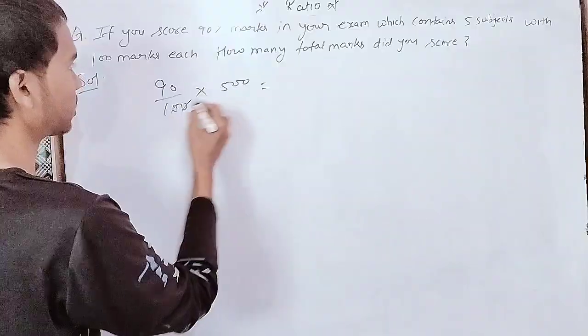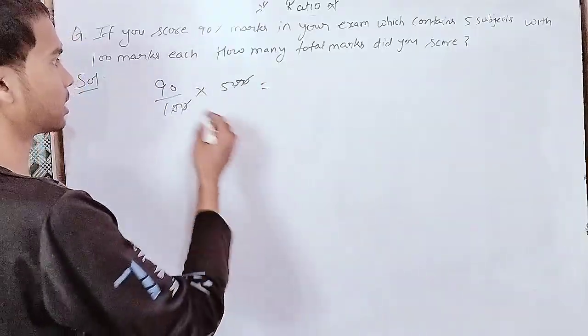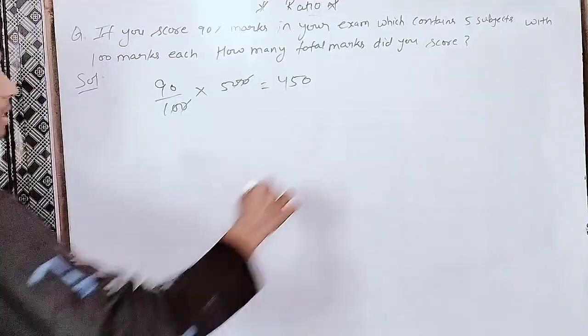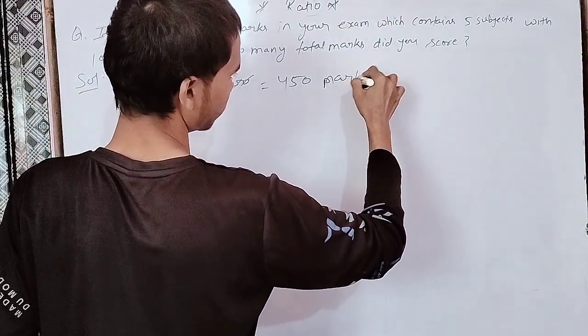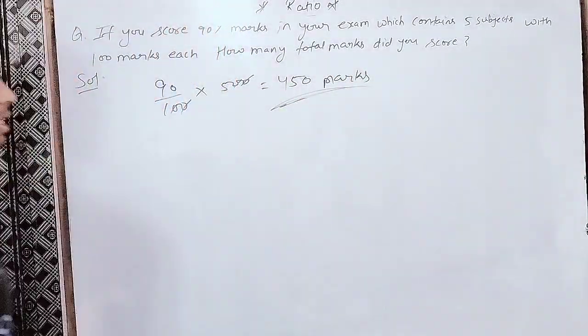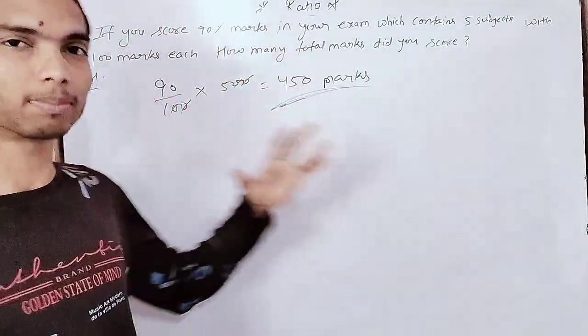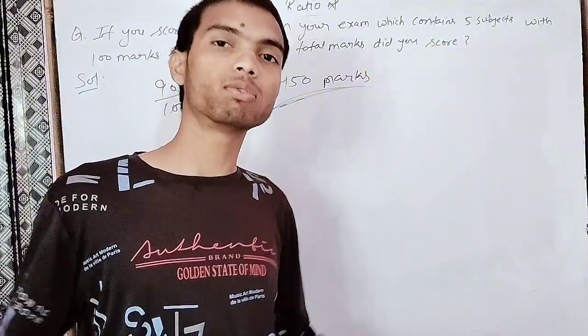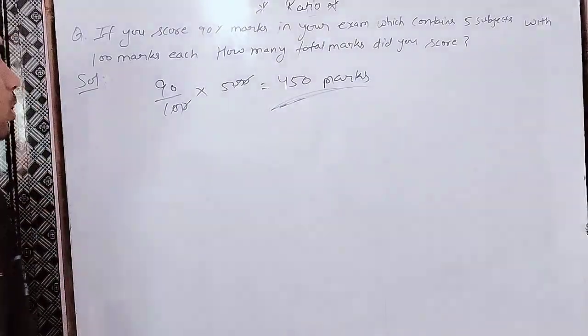Now let's simplify it. Here, 9 times 45, and 0 as it is. How much? This is your exact number. We converted our percentage into an exact number. You scored 450 marks. Okay, this is all.